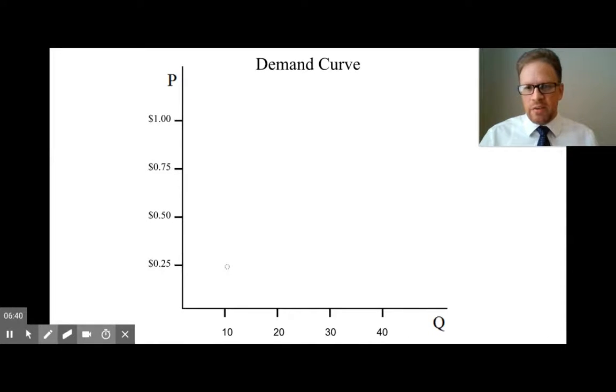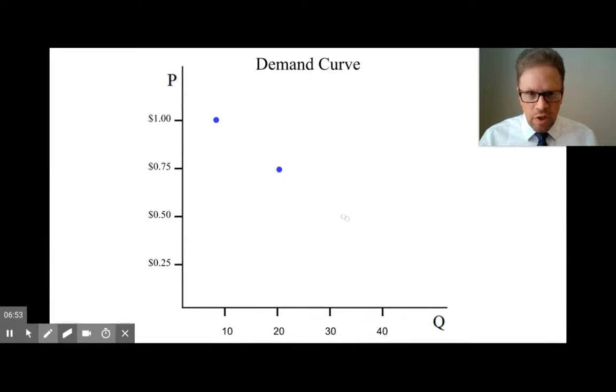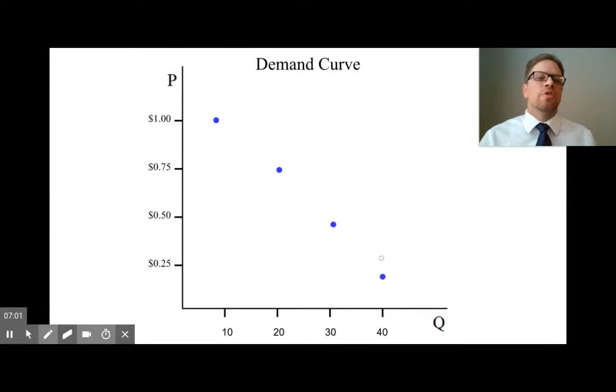So for $1, 10 people willing to buy Mountain Dew. If we drop that to 75 cents, now 40 people willing to purchase. We drop it to 50 cents. Now it's 30 people willing to purchase. We drop it to 25 cents, 40 people willing to purchase.